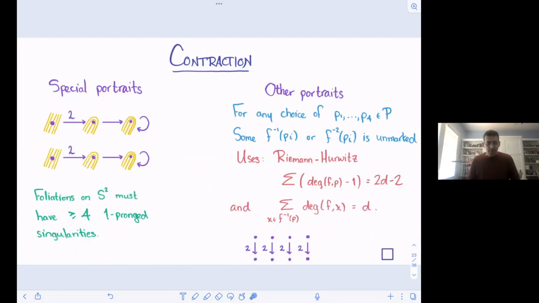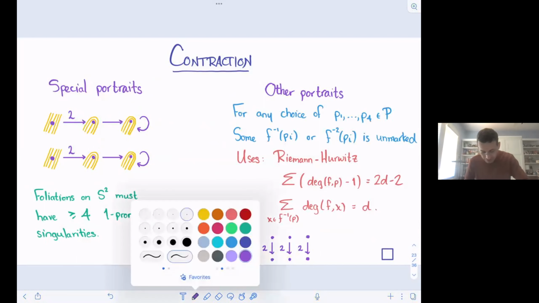So here's why that portrait is special. On the sphere, these one-pronged singularities contribute +1/2 to the Euler characteristic. All the higher prong singularities are negative Euler characteristic. So you have to have 4 of these to get up to Euler characteristic 2. With this portrait, you can have your 4 one-prong singularities at these 4 points, and these were supposed to be a different color or unmarked.